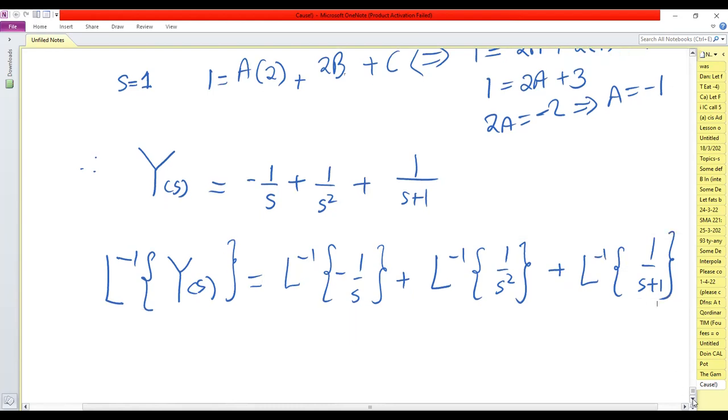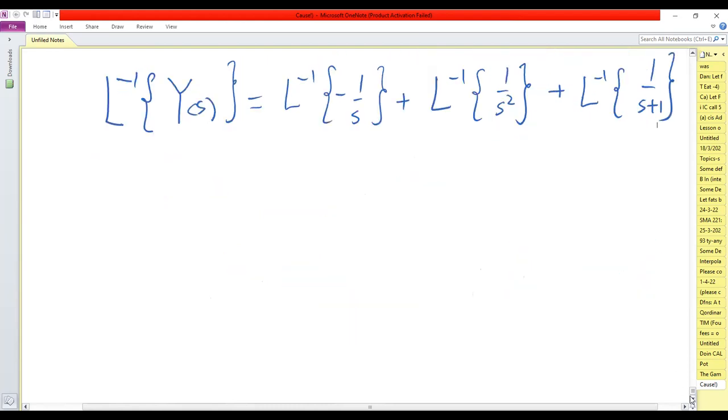So the inverse of -1 over s will give us -1, plus the inverse of 1 over s squared will give us u, plus the inverse of 1 over s plus 1 will give us e raised to power -u. So this will give us our function in terms of the new variable u.